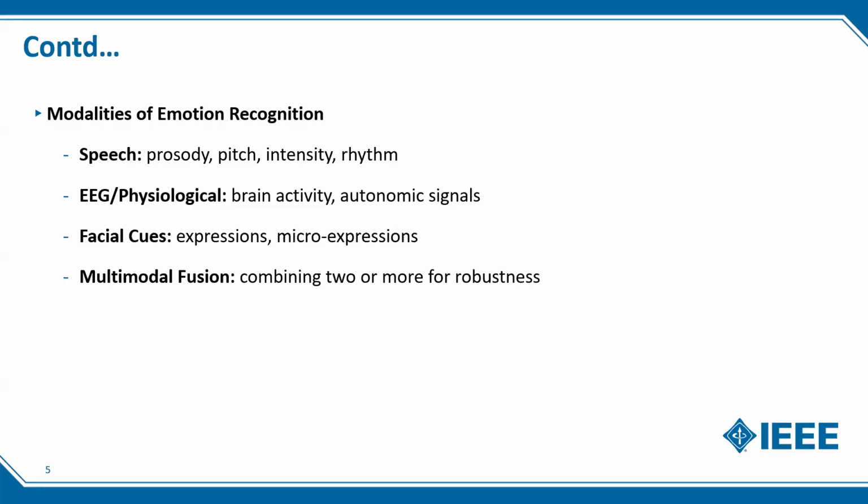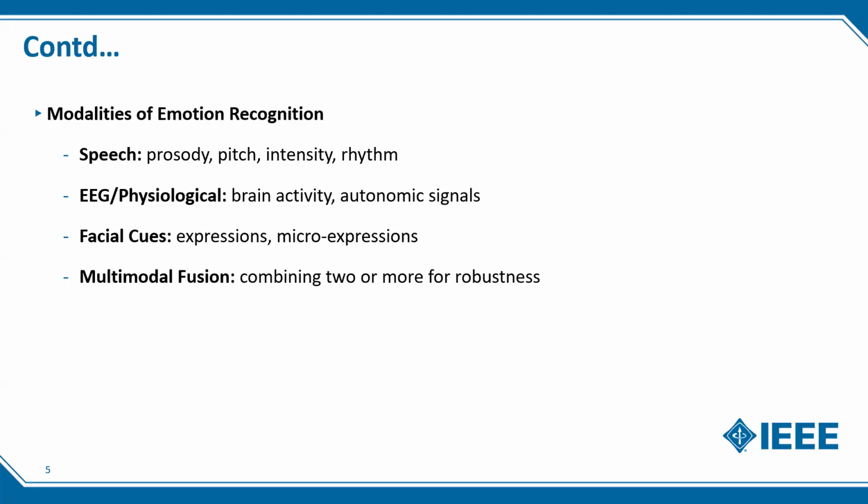And you might know that prosody is nothing but the melody and rhythm of speech that help convey emotion, emphasis, and meaning beyond the words. That is what is called prosody.